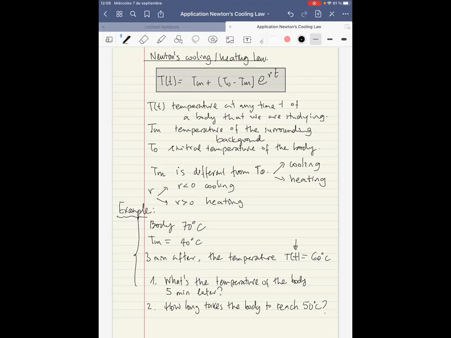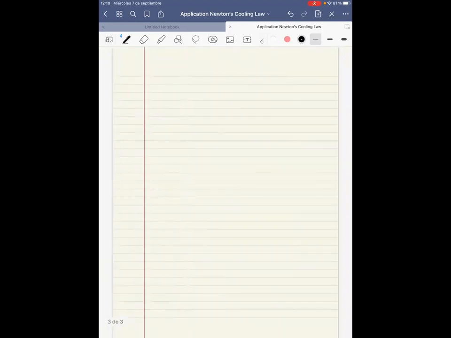So let's apply. Again, this is our law. And we know that the temperature outside is 40 degrees. We know the initial temperature of our body, that is 70, and we put it in a medium that is 40.